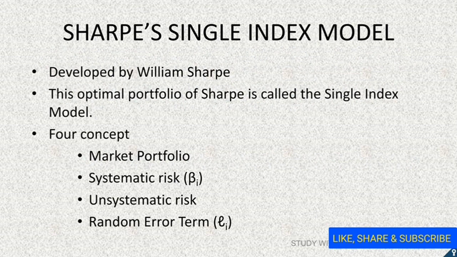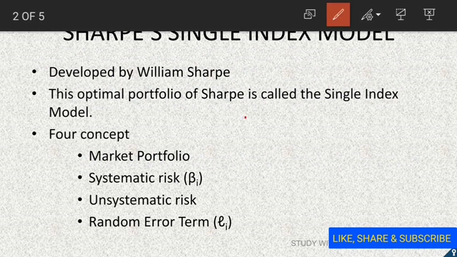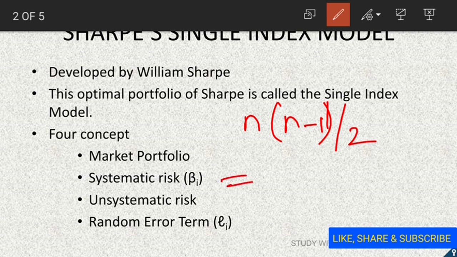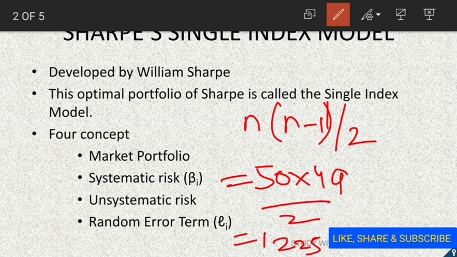I will explain with this example. For example, there are 50 securities. Then according to the Markowitz model, the number of calculations can be calculated as n(n minus 1) divided by 2, that is equal to 50 multiplied by 49 divided by 2, that is equal to 1225.